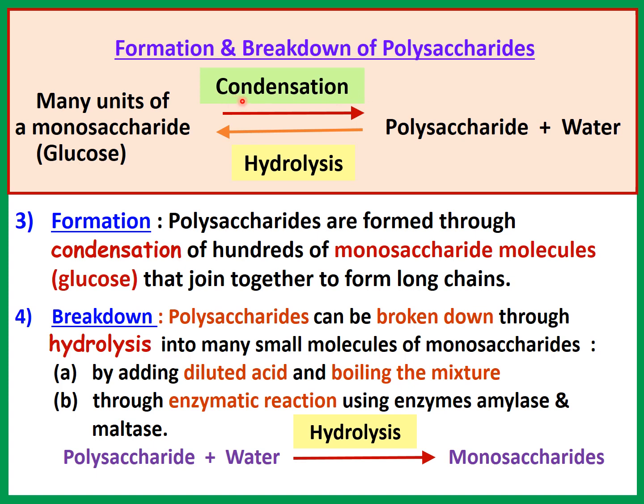Condensation is the chemical reaction in which smaller molecules combine, CO, they have this word CO, combine to form larger and more complex, CO, complex starts with the word CO, molecules, such as the polysaccharide, with the removal of molecules of water. So the water must be on the right hand side for condensation.